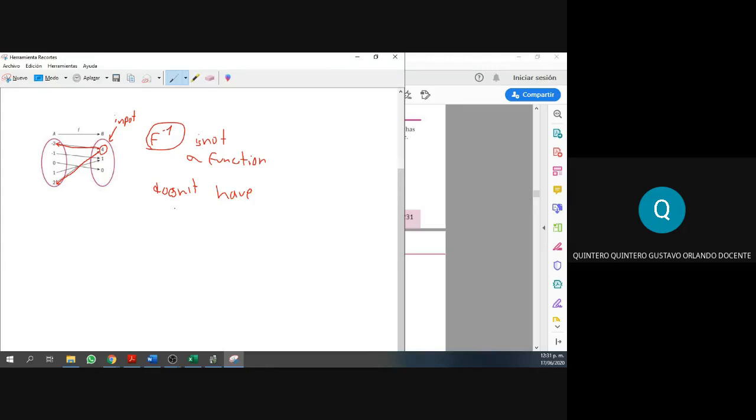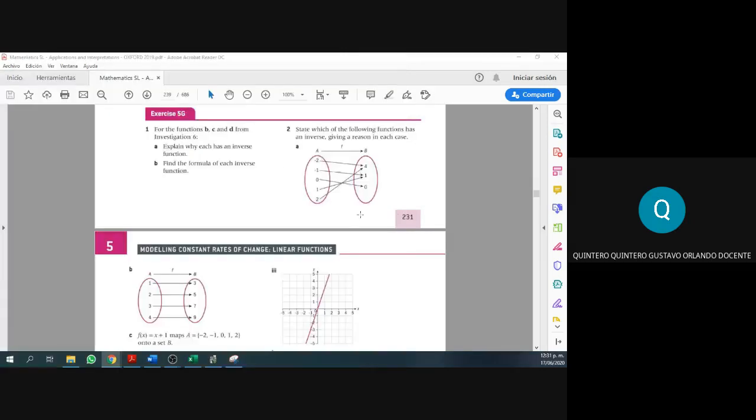Again, if the inverse is not a function, then we say it doesn't have an inverse. All right. So that is for the first point.